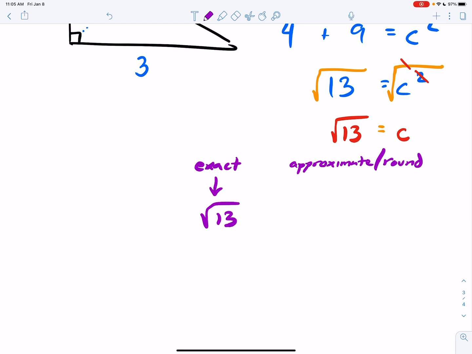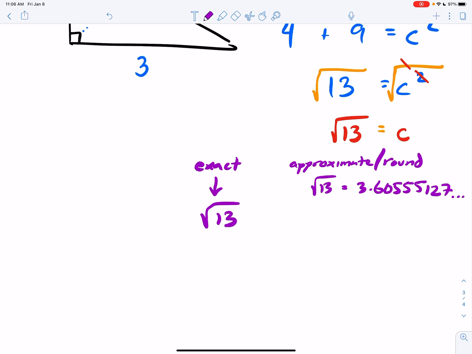Okay, so the square root of 13. If you type this into your calculator, you should get like 3.605555127 and so on. Okay, I actually use my iPhone. I went to the calculator app and then I turned my phone sideways for the landscape view. You should be able to see the square root button. Okay.